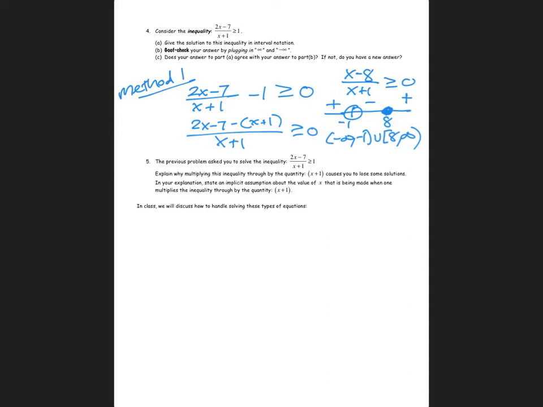Okay, let's try method 2. Again, you can always do the method that I just did, which is make a single fraction with 0 on one side and do sign analysis. Method 2 is, okay, what if I don't like working with fractions, and what if I don't like dealing with denominators? Well, we just said that if we knew x plus 1 was positive, I could multiply both sides and not change the inequality sign.